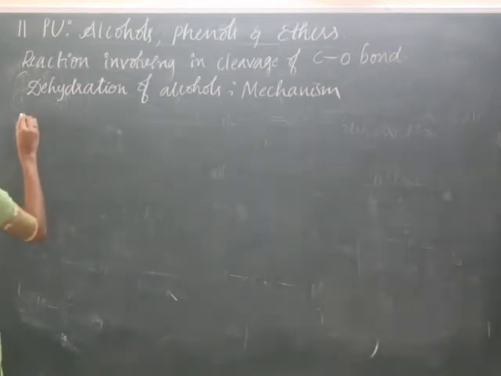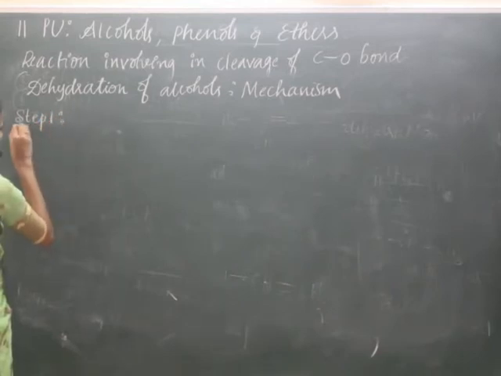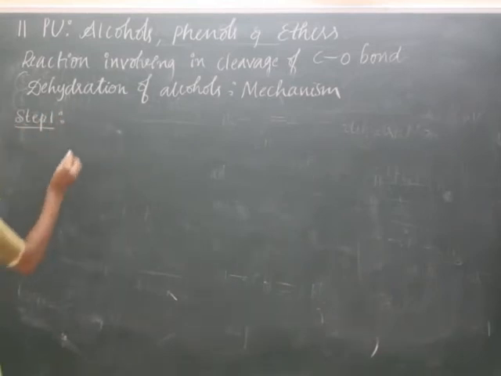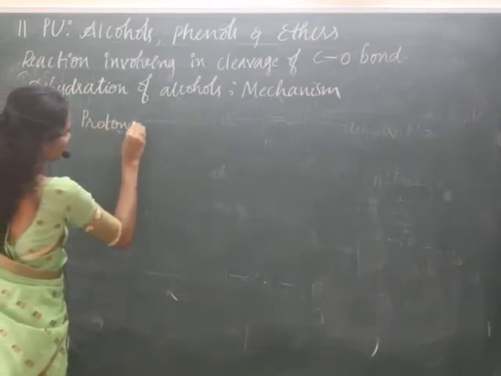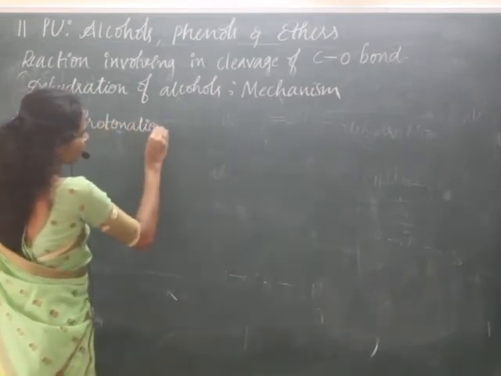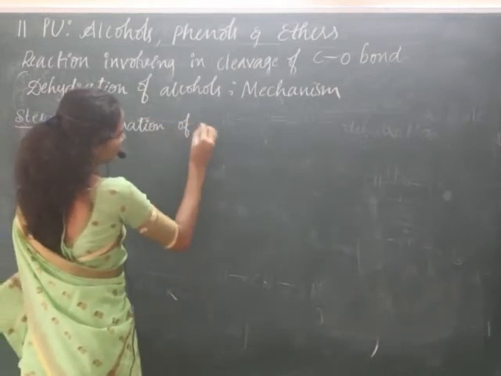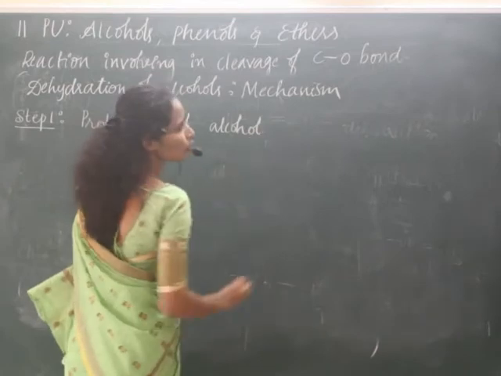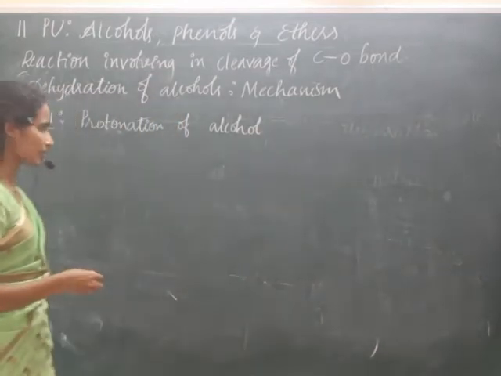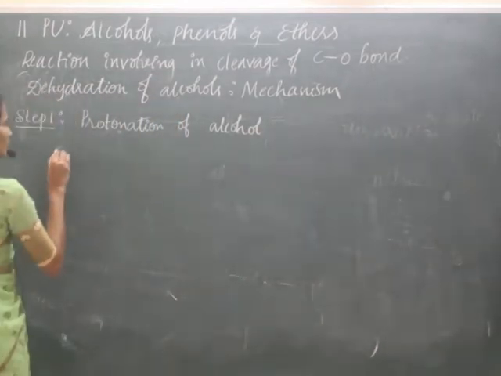The first step, step 1, is protonation of alcohol. The source of proton here is acids, mineral acids, right?